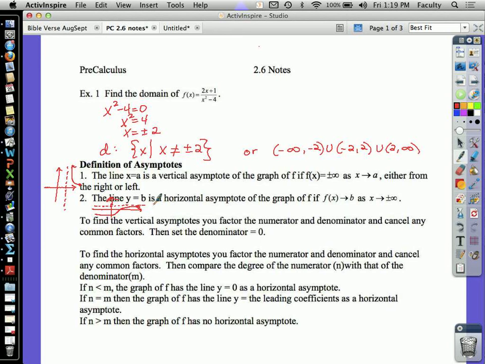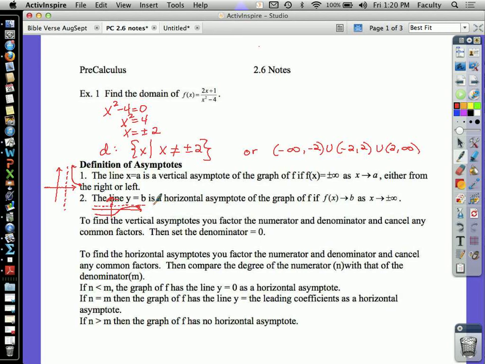But you have to cancel first, because if a factor cancels in the denominator, it's not a vertical asymptote, it's actually a hole in the graph. So be careful when you say, oh, a vertical asymptote is where the denominator equals 0. That's not necessarily true. If there's a common factor, it'll end up being a hole in the graph instead of a vertical asymptote.